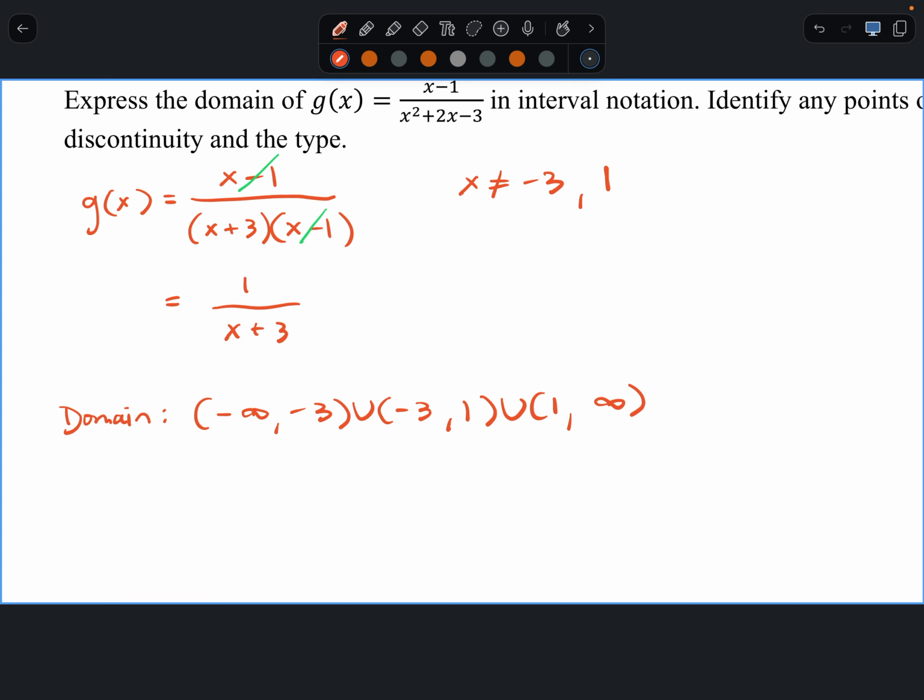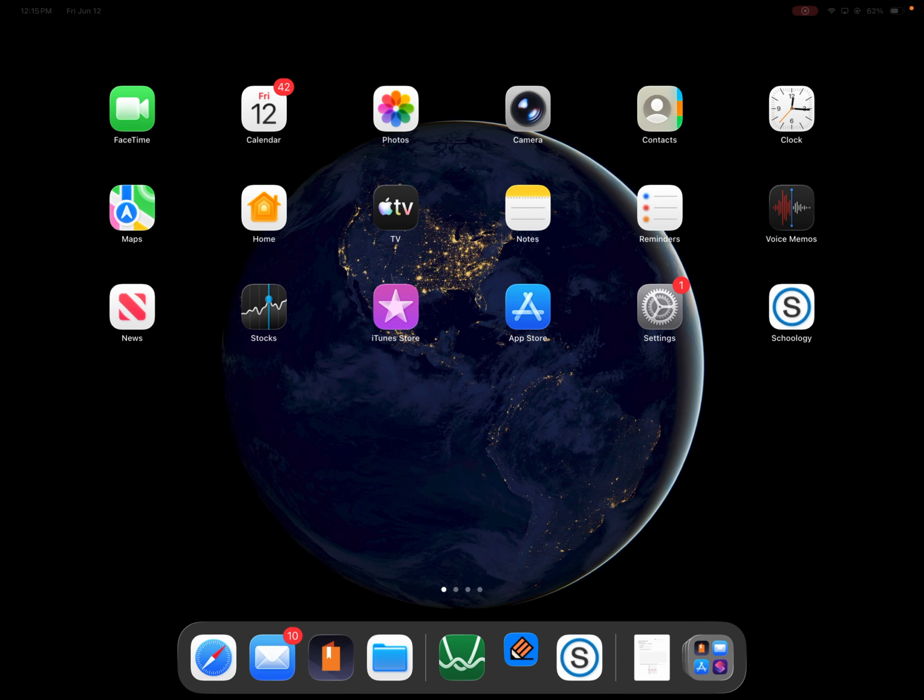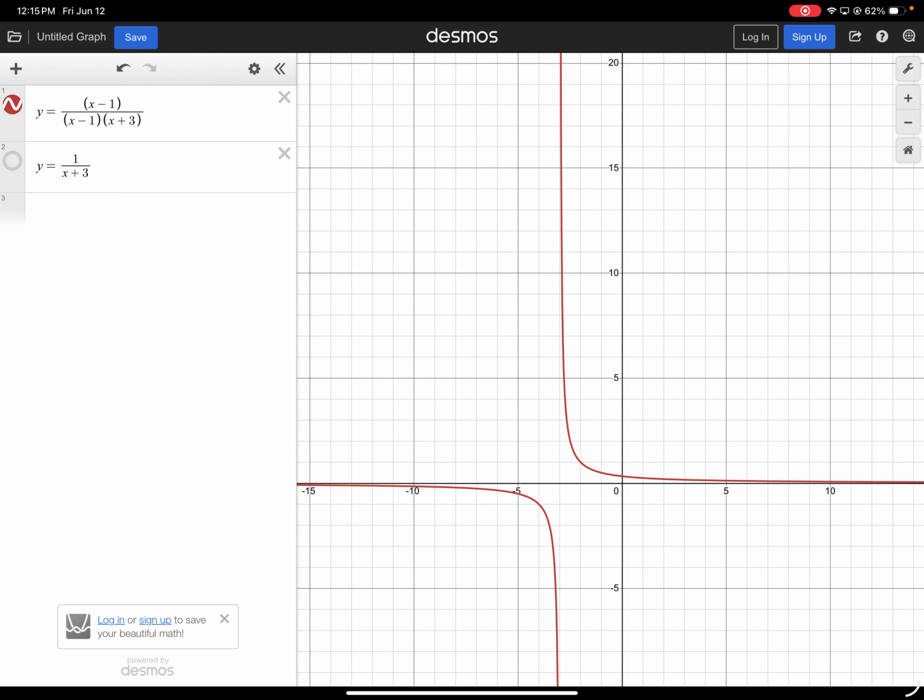At -3, what's happening graphically? Yeah, a vertical asymptote, right? Which we would classify as a non-removable discontinuity.